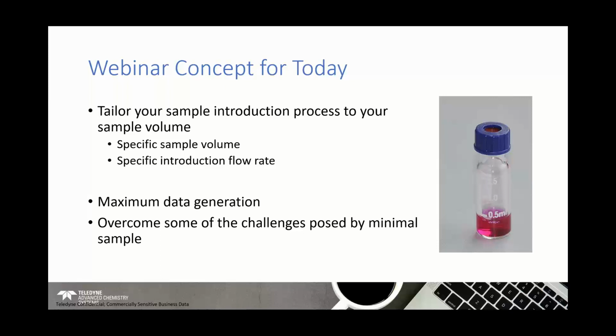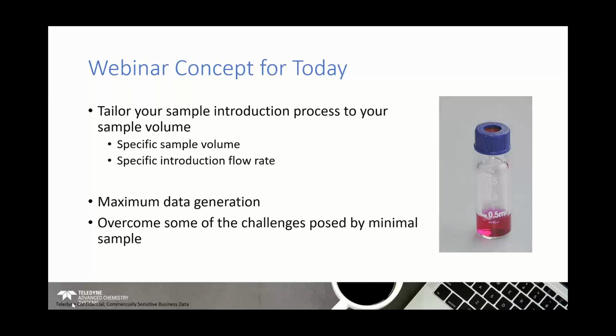That might be a minimal amount of a solid mass, which is then put into a volume of sample matrix, or it might be in a liquid form already. So this is where I'd like to come back to through this presentation.